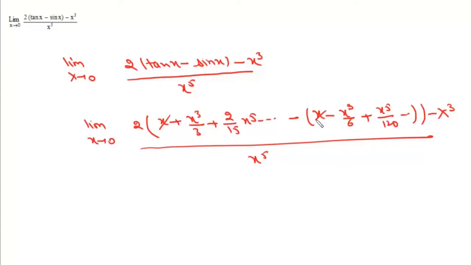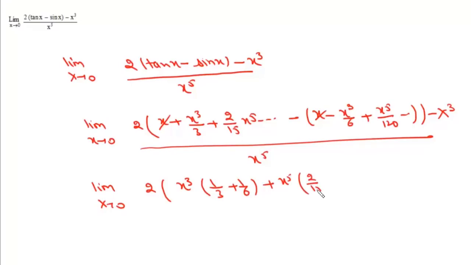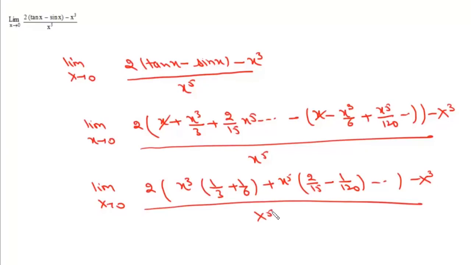Now x and x will cancel. We'll get this as limit x tends to 0 of 2 times x cube (1 by 3 plus 1 by 6) plus x to the power 5 (2 by 15 minus 1 by 120), and then minus x cube, upon x to the power 5.